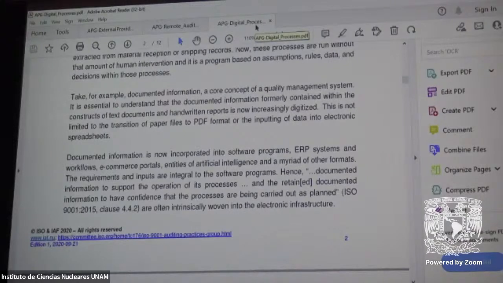This piece of text is saying that there can be ERP systems, workflow systems, e-commerce portals. The world was getting very, very complex. Take e-commerce portals: you go on eBay, I want to buy a car, the order is sent to General Motors and they start building the car.